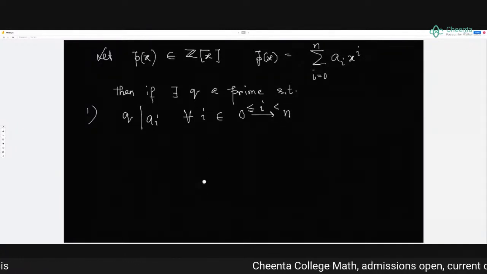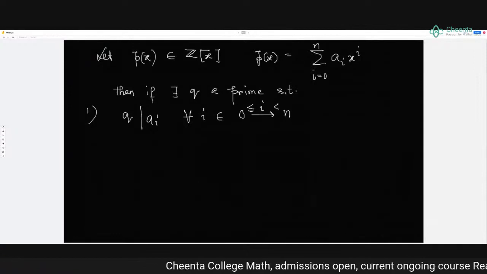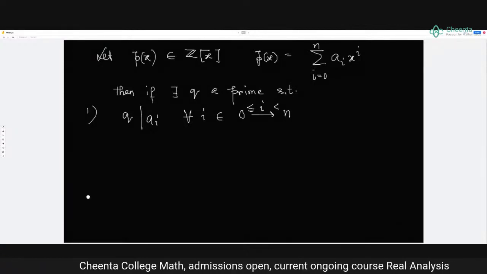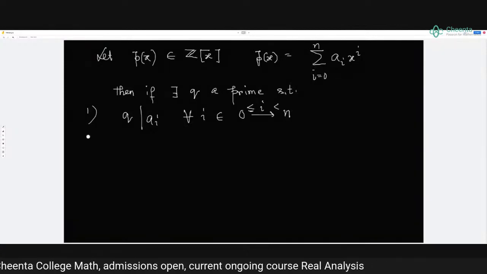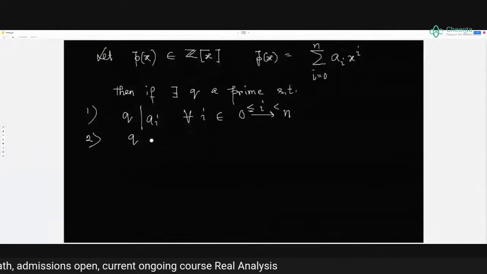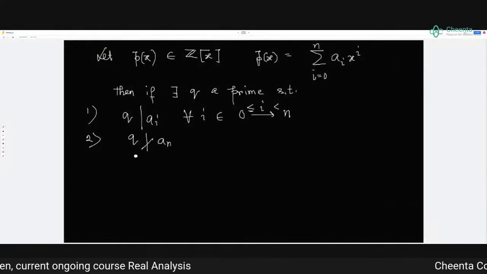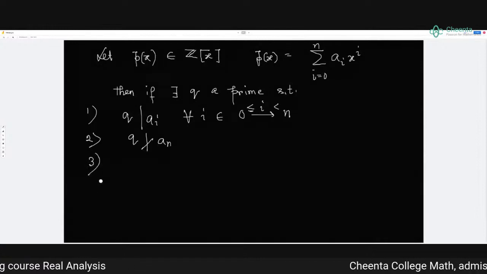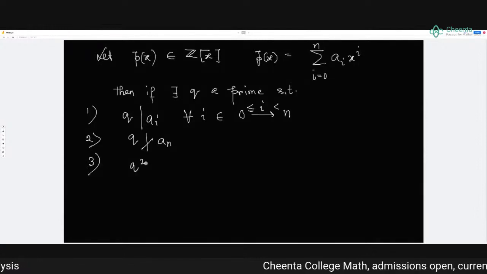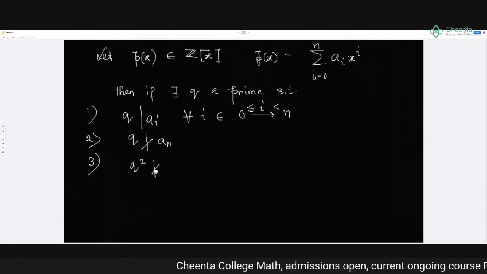The second property is that q does not divide a_n, and the third part is that q squared does not divide a_0.